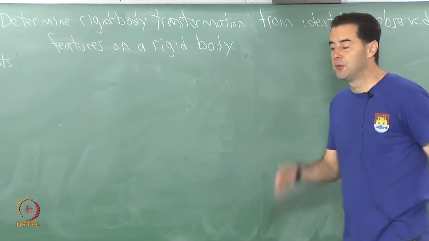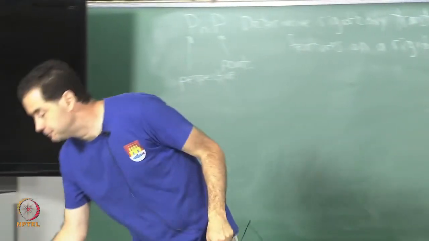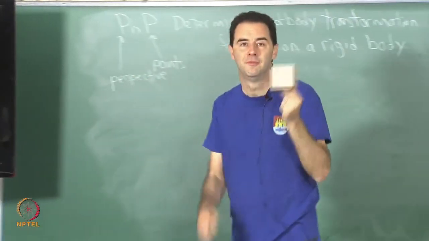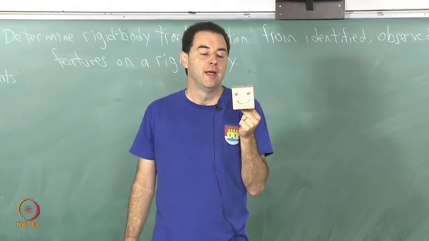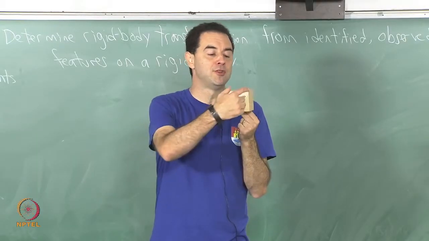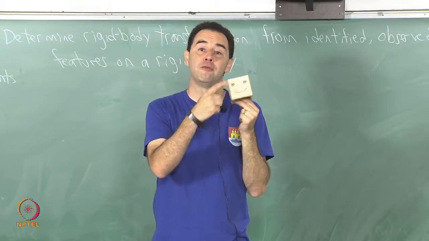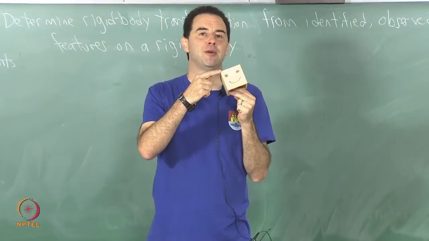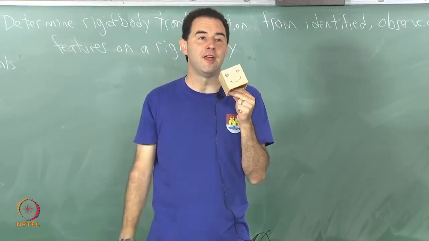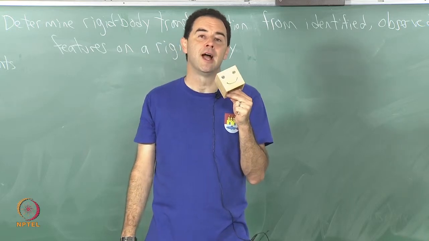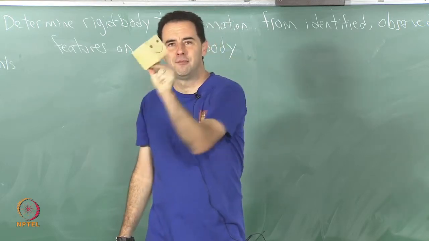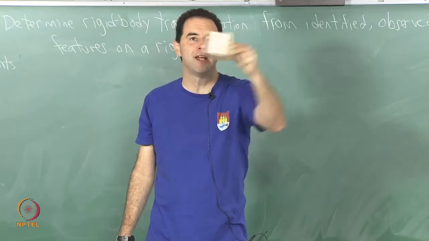So in other words, I start with a rigid body. Let me go back to this cube head that I had before. I may have particular features on here, and each one of my features may correspond to a corner of this. I could imagine putting a bright LED on it, and then based on where these LEDs appear in the image, I have the problem that this rigid body has moved somewhere.